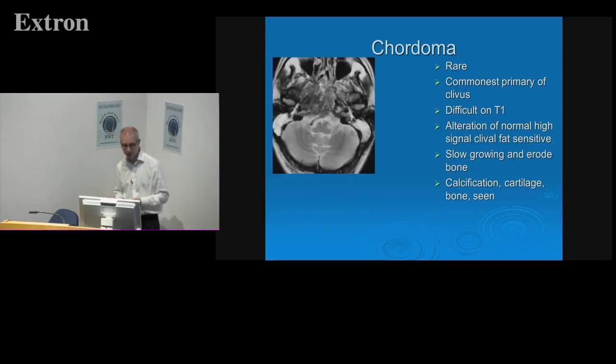So chordoma. As you know, this tends to be midline, tends to be slow growing, rotten bone, complex signal characteristics, very variable. Remember, whenever you're looking at any kind of imaging of the skull base, to look for that clival high T1 signal fat.